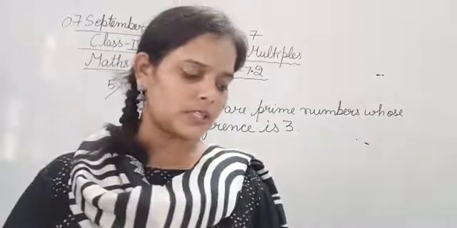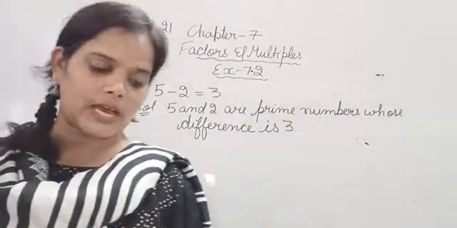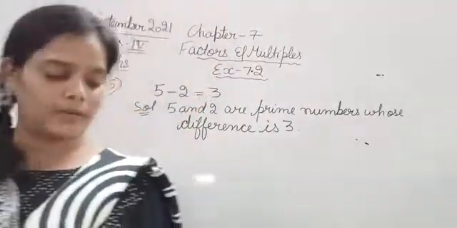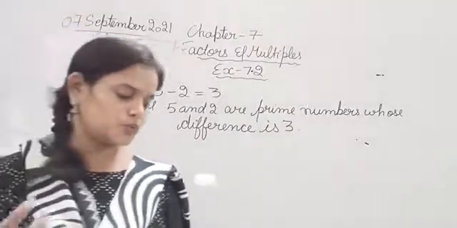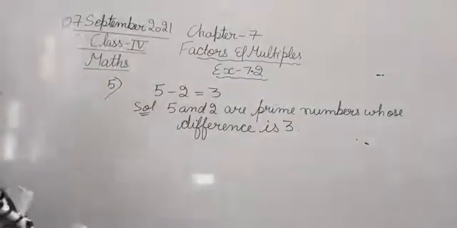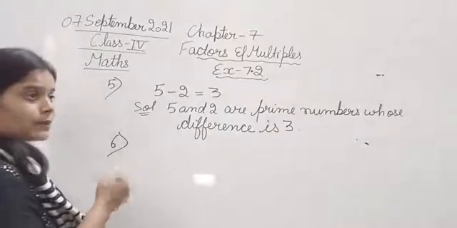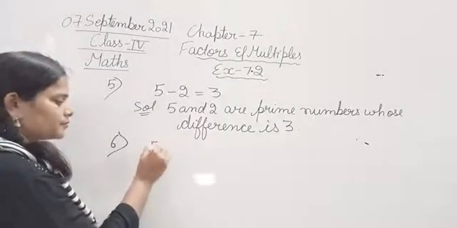Okay, the question number 6 is, write two odd numbers which are prime as well as odd. So we have to write 2 odd numbers which are also prime and also odd. So see, there are many, the two numbers that are odd as well as prime, like 5 and 7.